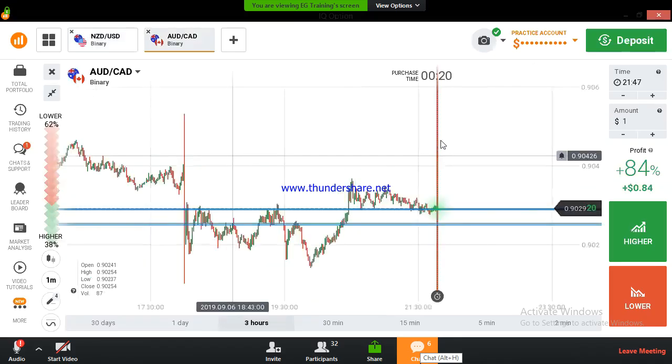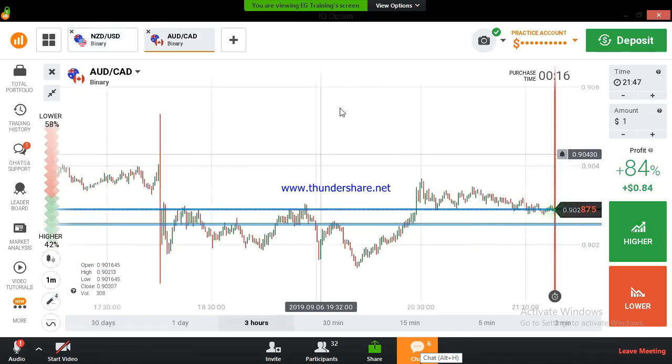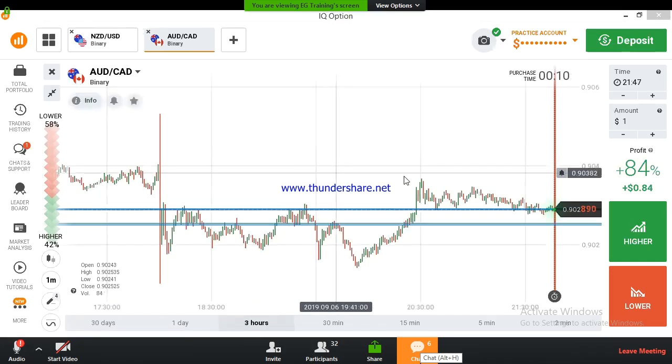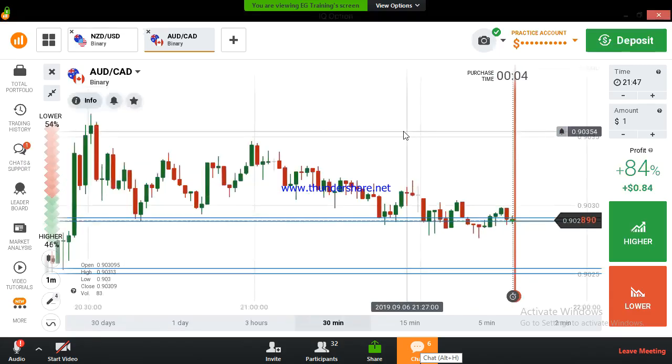I'll explain now. You should follow 3 rules to trade on these strong levels. You can trade directly too without any rules, but it's better to follow rules to get a better winning ratio.